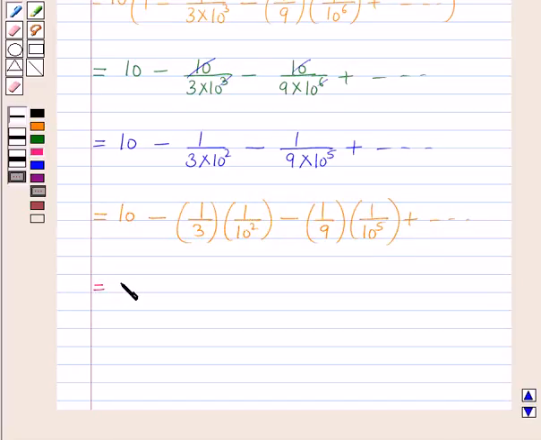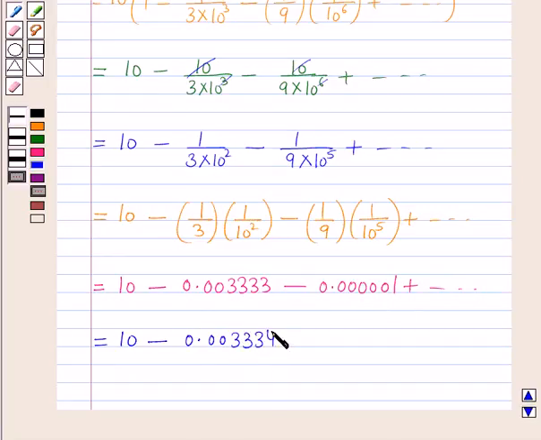This will be equal to 10 minus, on calculating, 0.003333 minus, on calculating, 0.000001 plus so on, which is further equal to 10 minus, on adding these two terms, 0.003334.